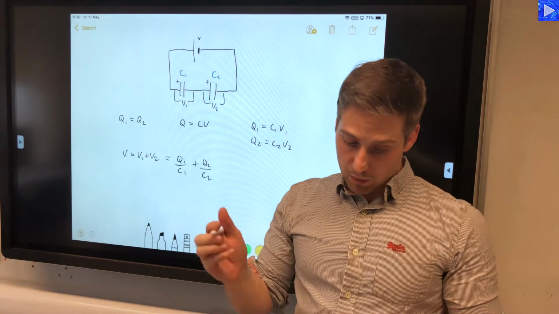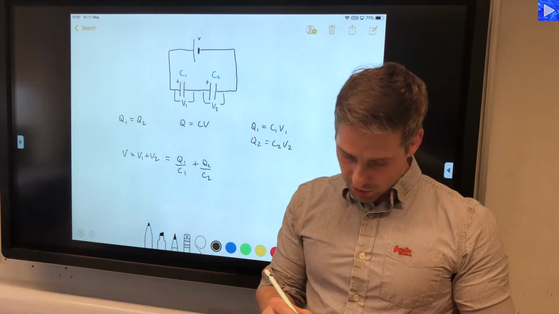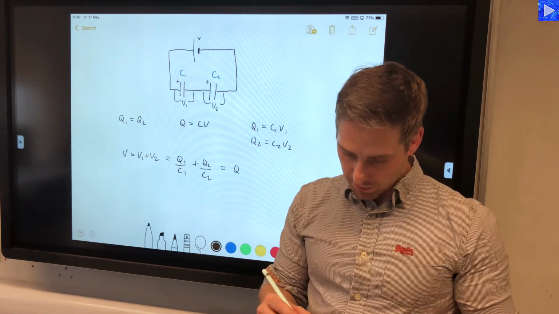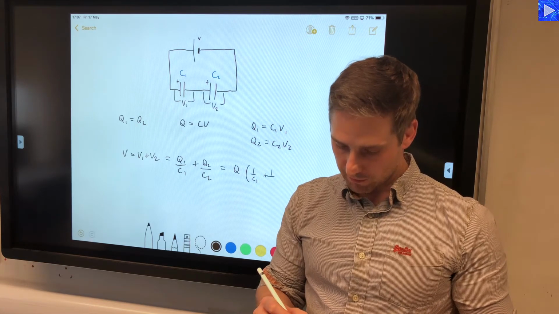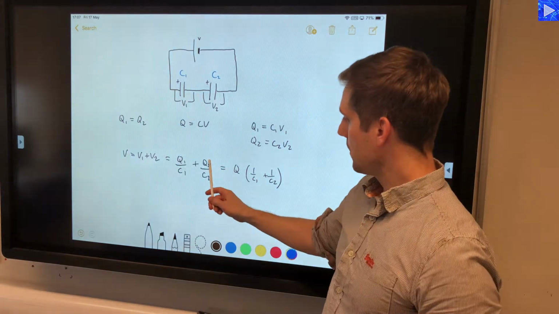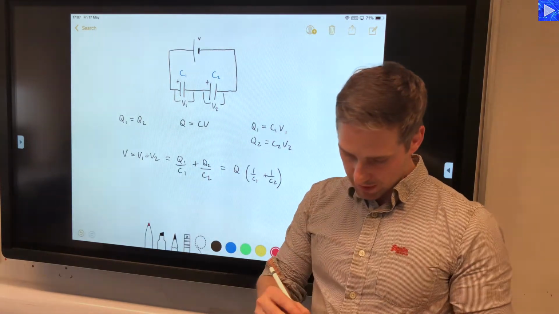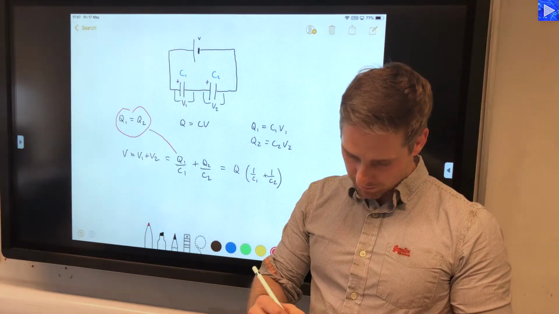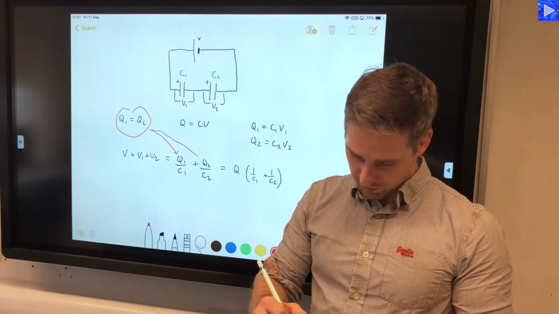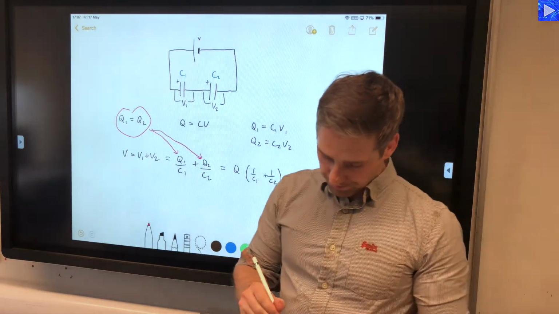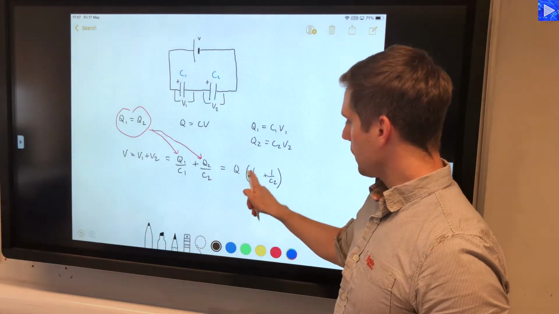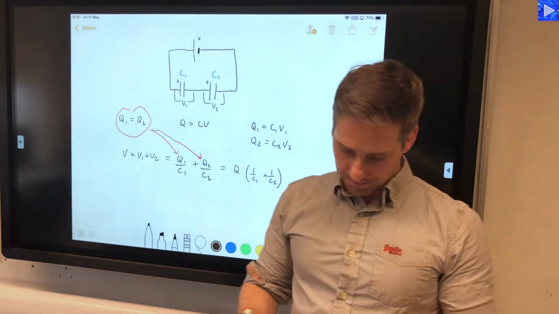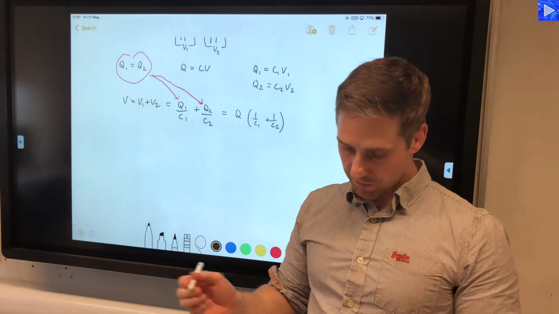Because Q1 equals Q2, both of those are Q, and we can write this as Q times 1 over C1 plus 1 over C2. Okay, so now we have that, what we can do is expand this out and we'll get something in terms of C1 and C2.